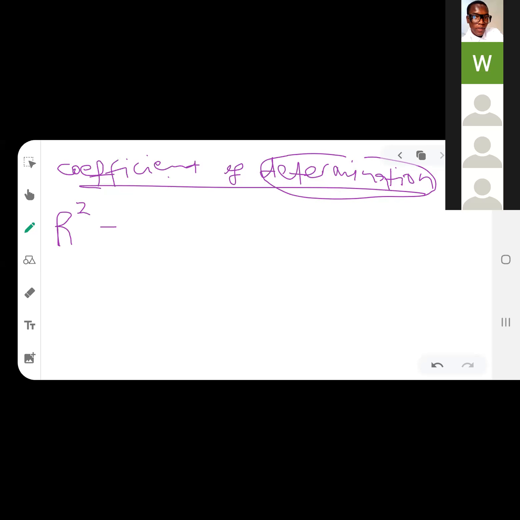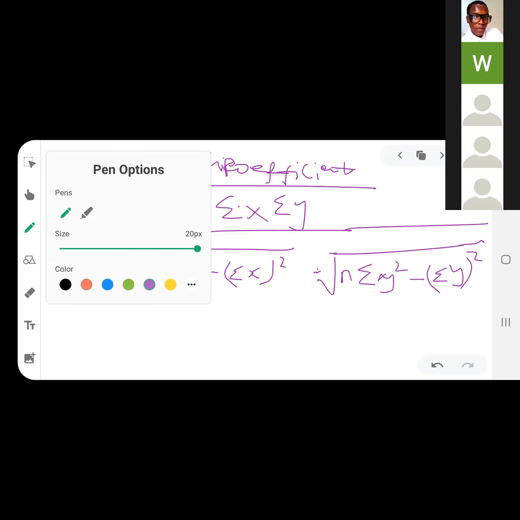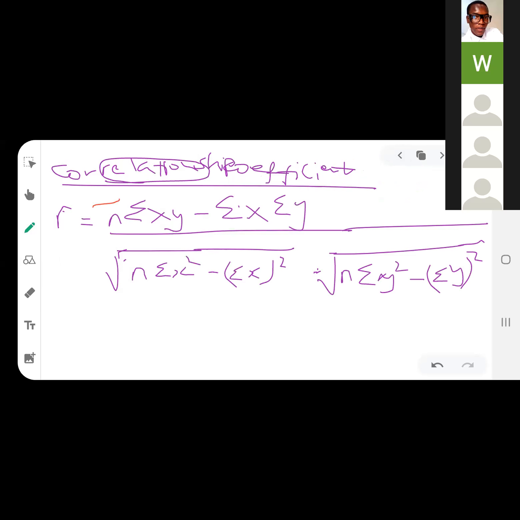And its formula is the coefficient of correlation squared. So meaning that for you to get the coefficient of determination, you will need to square this formula. If you square this formula, you will get R squared, which is the coefficient of determination.